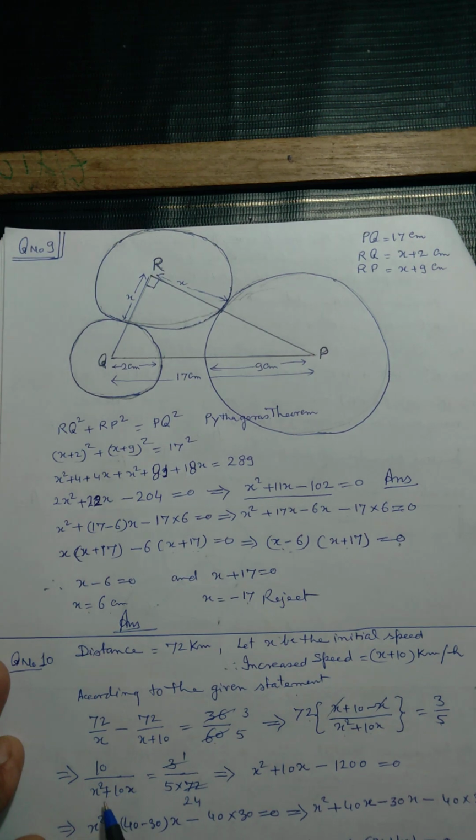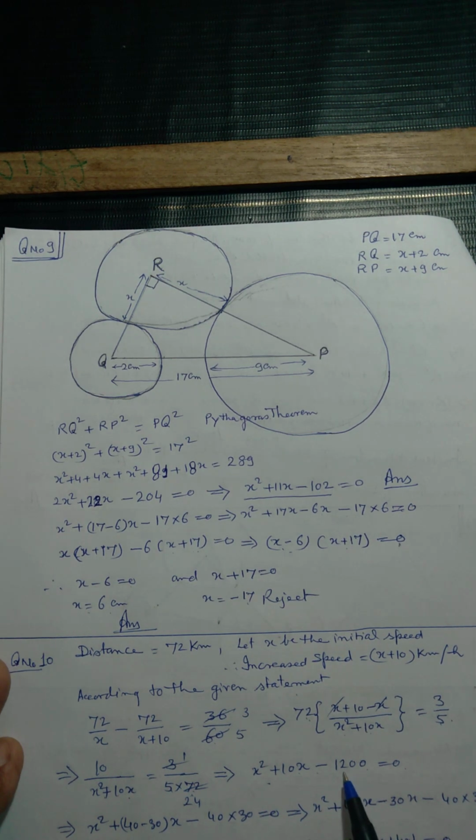You see, we now have the final result like this: 10 by x square plus 10x will be equal to 3 by 5. This 72 will come here in the denominator part. So 3 by 5 into 72. Now further solve it: x square plus 10x minus 1200 equal to 0.